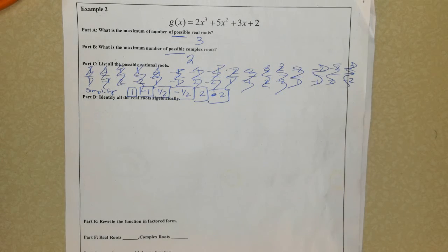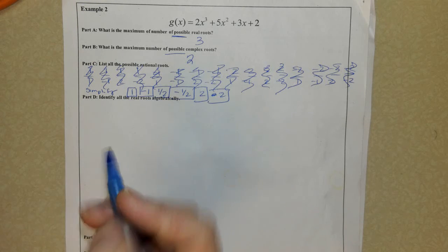So I came up with 6 possibilities. Can you raise your hand if you were able to find 6 possibilities? Okay. And now I'm going to test them.